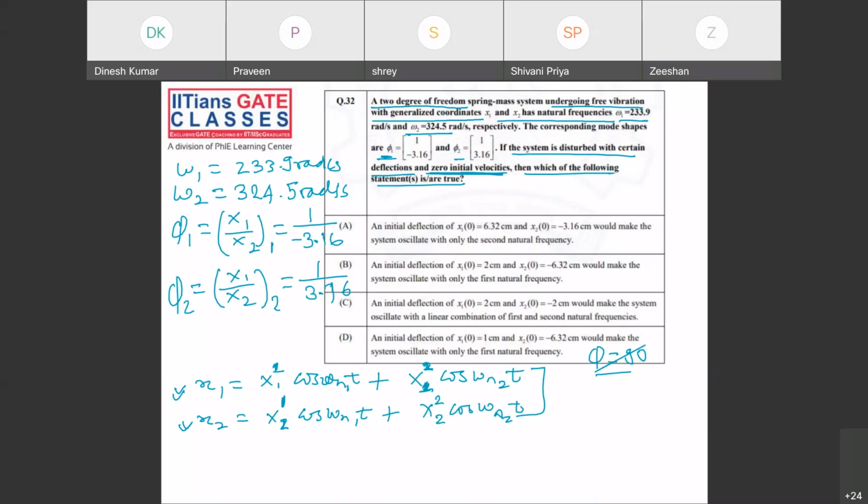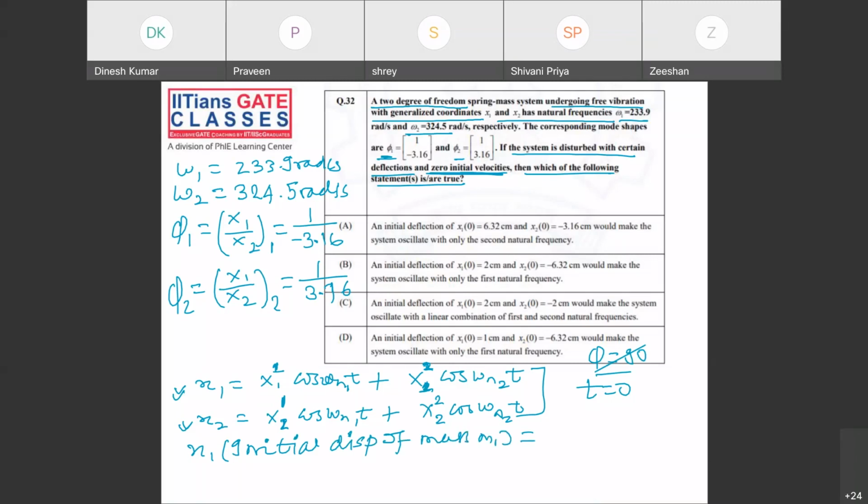I should also know further, if you substitute time t equal to 0, what you get is x1, the initial displacement of mass m1.